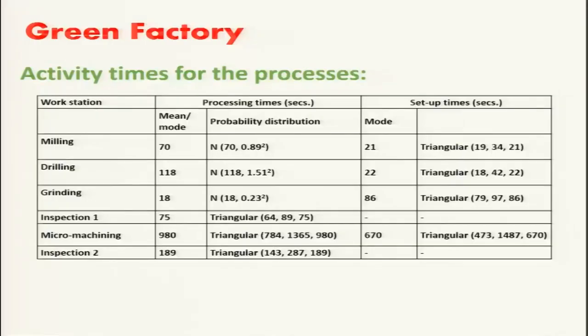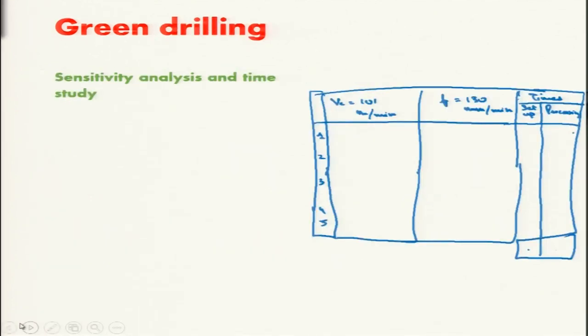For you to appreciate, I have put certain points in the presentation here. What we have here are the activity times for the processes. These are the activity times which were chosen for the processes. These times were recorded, as I said in the previous lecture, when we did the sensitivity analysis.